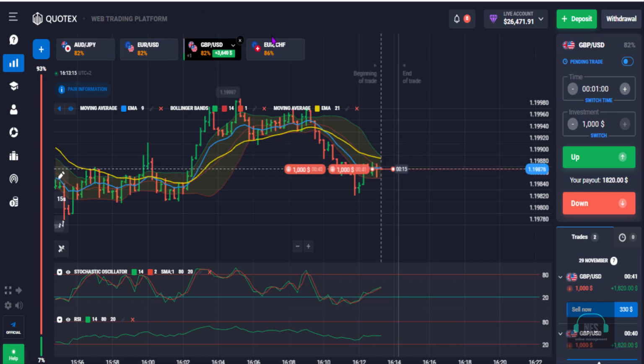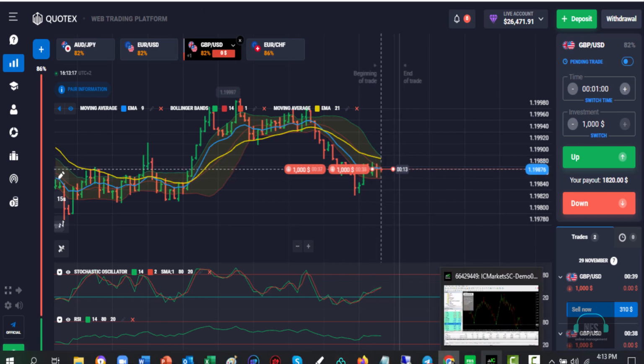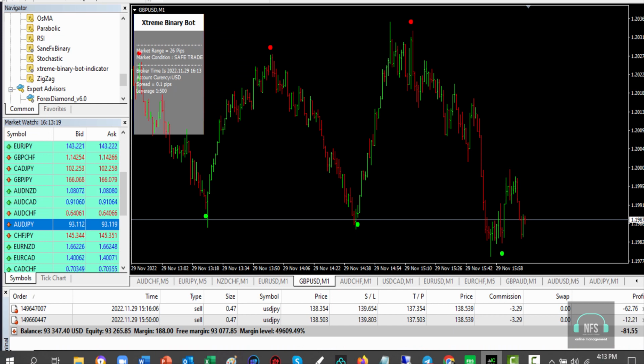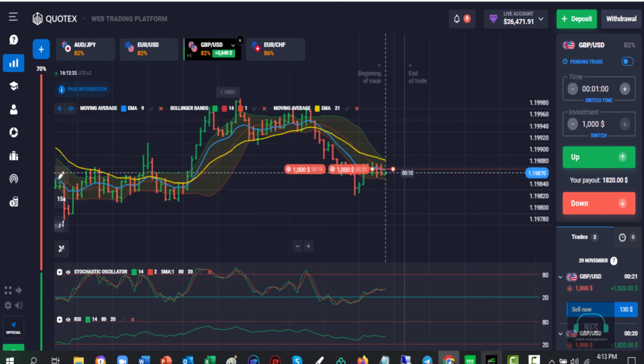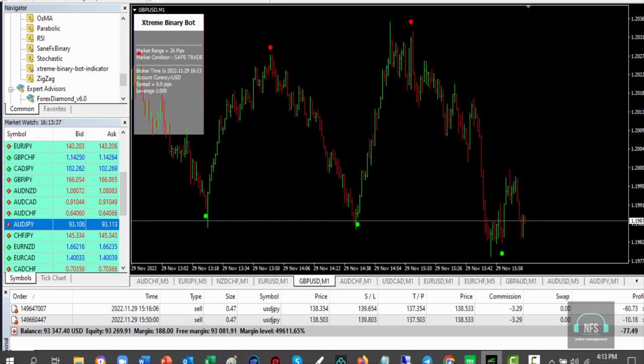So let's see GBP USD. Let's see if the price, yes, is going down. As you can see, no, it's pumping back. Yes, that's good. It's going down. Let's go back here. It's okay.